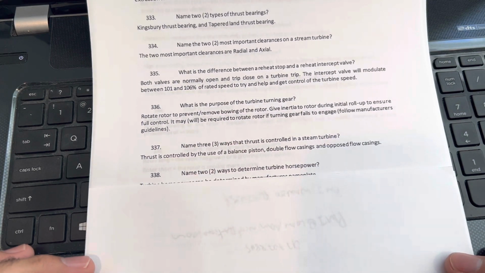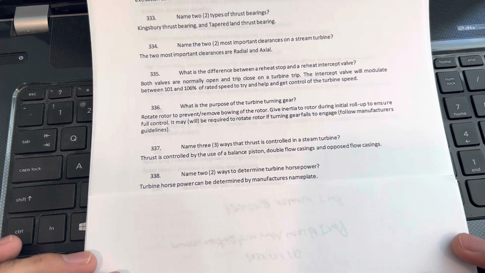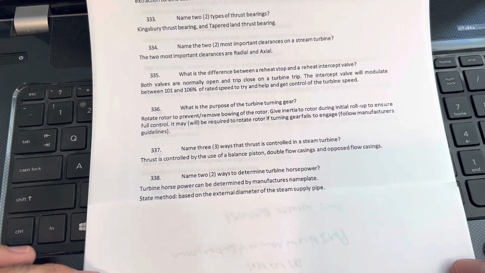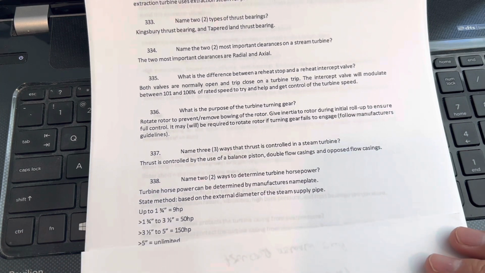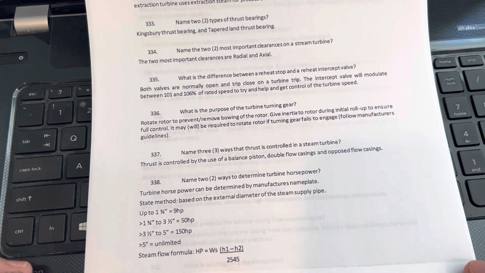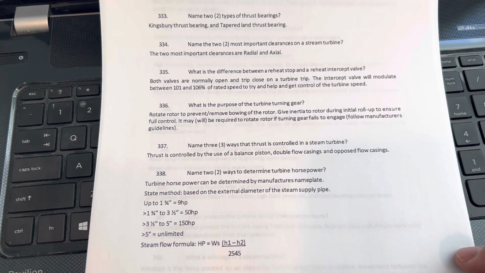Name two ways to determine turbine horsepower. Turbine horsepower can be determined by manufacturer's nameplate or by the Stay method, okay? And the Stay method is based on the external diameter of the steam supply pipe.